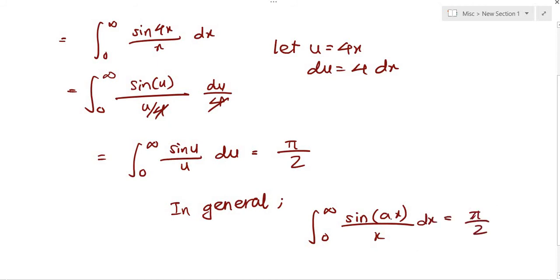So we don't care what is inside the argument of the sine multiplied with the x, because we're always going to end up with a pi over 2, because this constant and that constant are going to cancel out. So it's like the x and the dx kind of scale each other out.